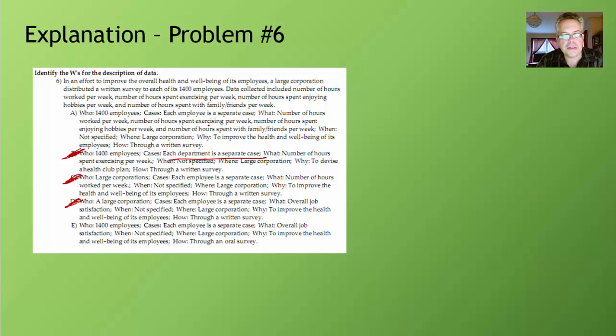Okay, so let's see. On A, it says what? Number of hours worked per week, number of hours spent exercising per week, number of hours spent enjoying hobbies per week, and number of hours spent with family and friends per week. That's actually absolutely correct. That's exactly what it says in the prompt.